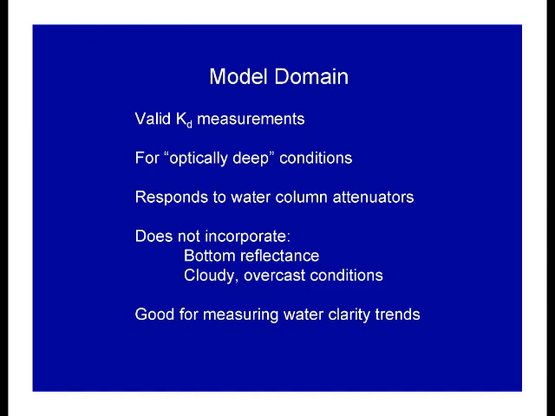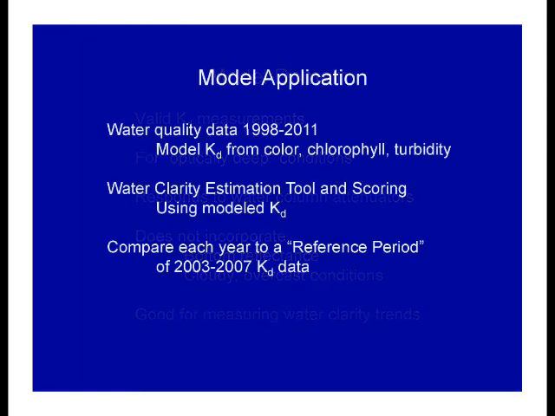So now we're ready to use the model. We have water quality data from 98 through 2011, and we modeled our KD using color, chlorophyll and turbidity. And then we went back to the water clarity estimation tool and scoring that Janicki and Corbett and Wessel had developed earlier.